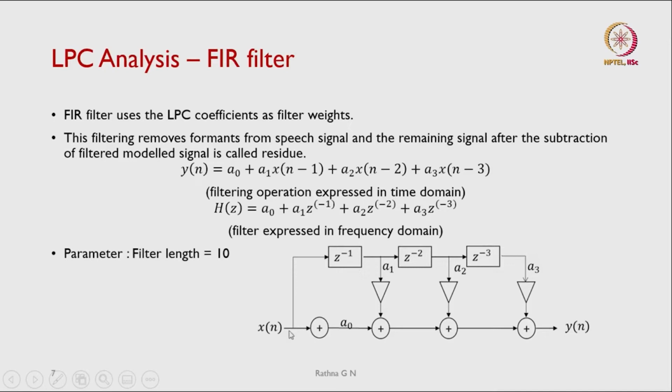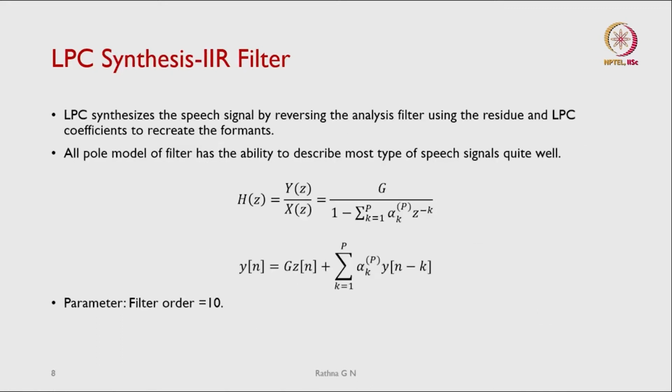So, you will be seeing x of n is the input, these are the coefficients, and then you are delaying the signal. The other coefficients, a1 into x of n minus 1 or a1 into z minus 1, come from this leg, and you add them with your a naught, and then you get y of n. This is the filter structure, which shows how it is calculated.